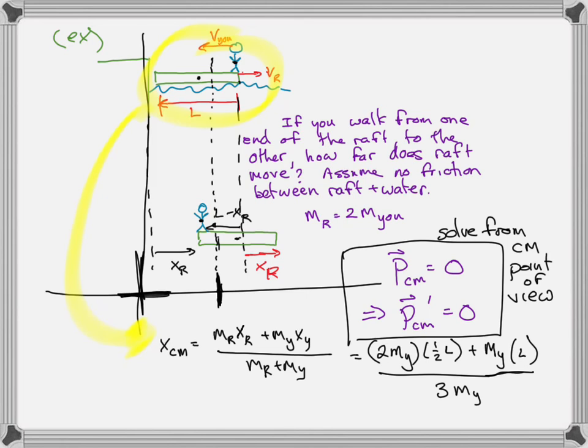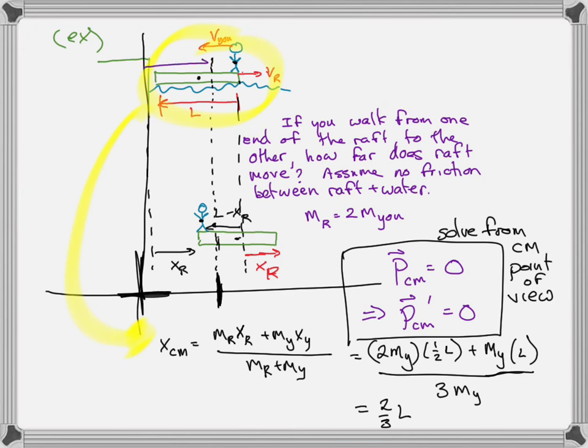So the position of the center of mass of the system is given by this. That's not momentum conservation. That's just the position of center of mass. So that equals 2/3 L. That's where the center of mass of the system is. Let's find a different color. Purple.